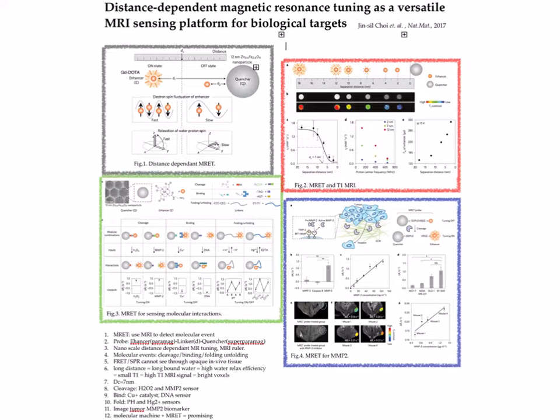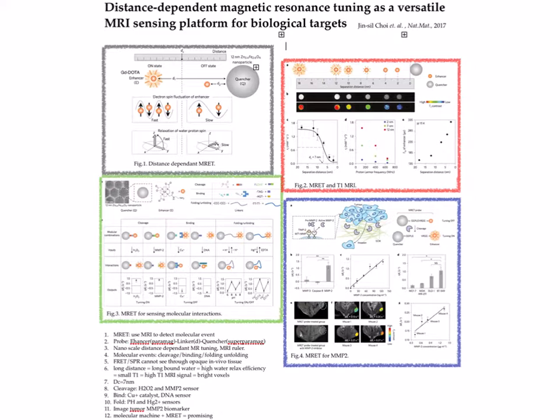That one here is a T2 enhancer. They found that if you put the T1 and T2 agents together, the T2 nanoparticle can decrease the gadolinium's T1 relaxation ability.